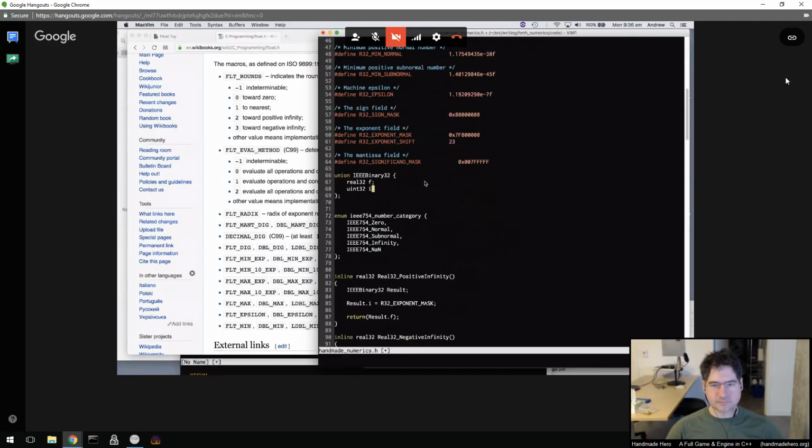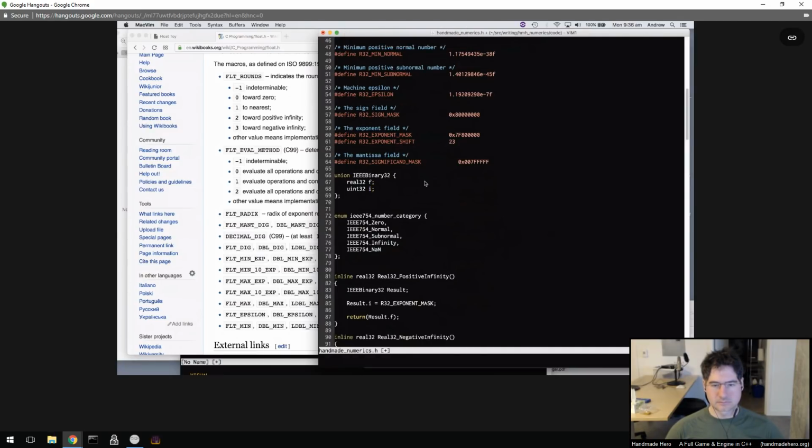And all you have to do is decide that value is something different. You don't actually need to convert from one to the other to do bit hackery on it. And you want a representation where that is compiled away by the compiler. I think most compilers are pretty good about this, because people who are doing low-level hacking with floating point numbers need a consistent way to have something interpreted as a float, and now I want to interpret it as U32 so I can extract some bits from it. And so the union way seems to work on everything I've tried. I have not tried Visual Studio, so I might have to do some disassembly later just to see how that's happening.